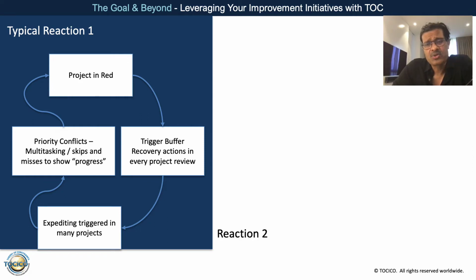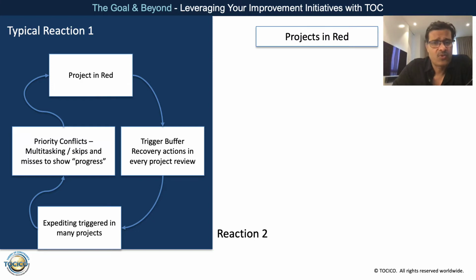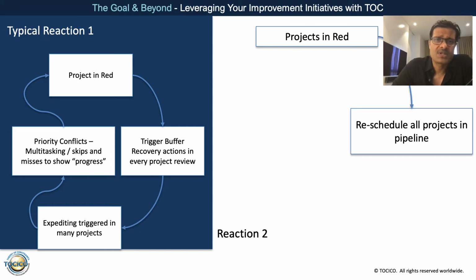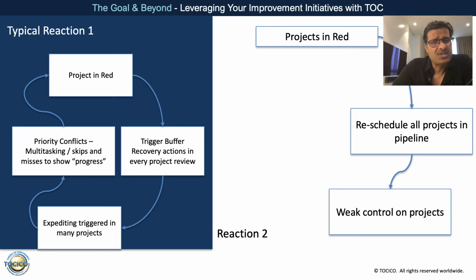Now there is another approach that people take when they look at the portfolio of projects and it's all red. They say, okay, let's try to clean it up. A dominant voice will come up and say, let's reschedule, bring every project back to green. But slowly and surely, the same projects start getting into red. Once you start doing this rescheduling often, the top management loses control on the project.